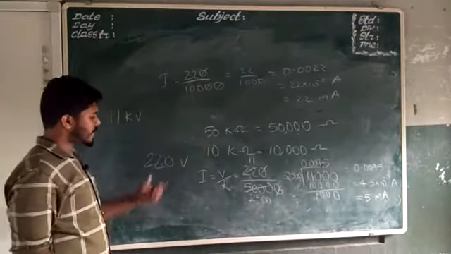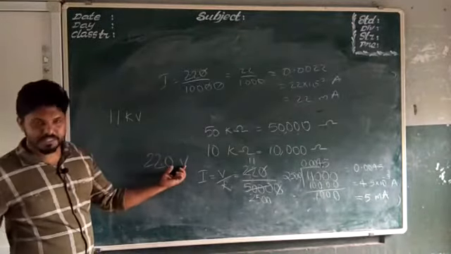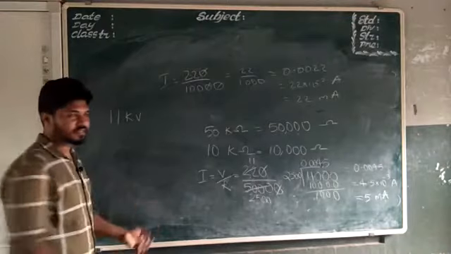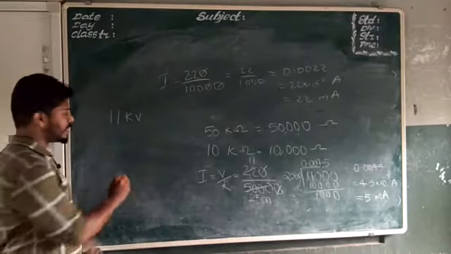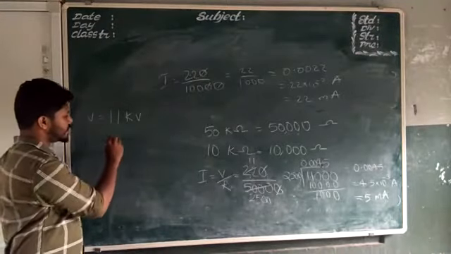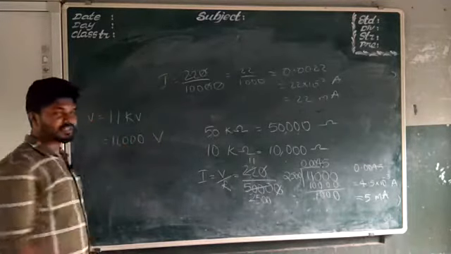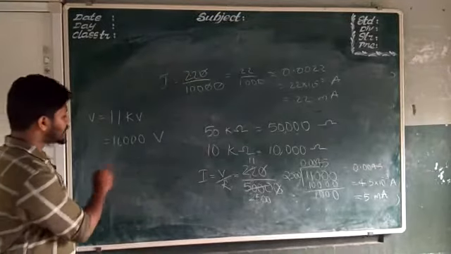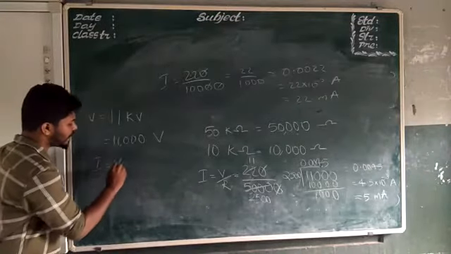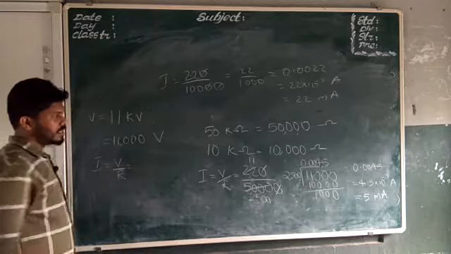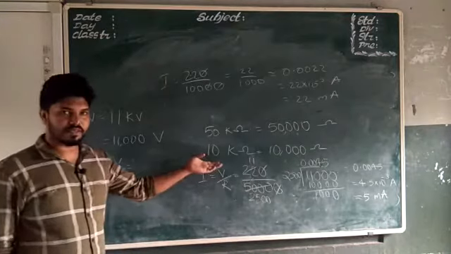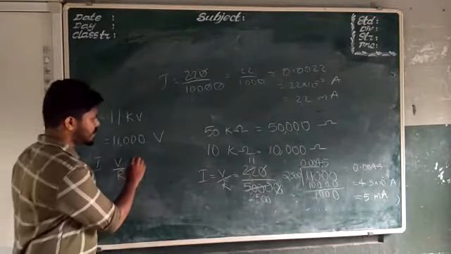11 kV. That means here the potential difference V is equal to 11 kV, that is 11,000 volt. So that time I is equal to V by R. Even if our body is a dry body, let us calculate for that.